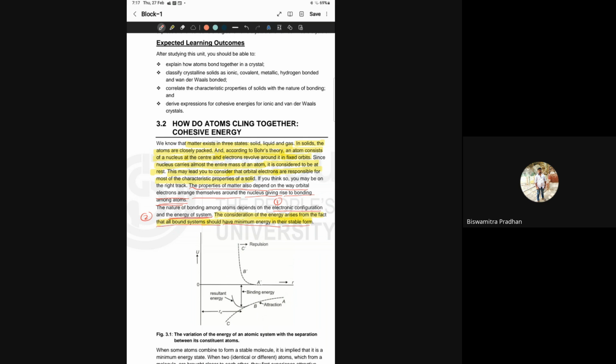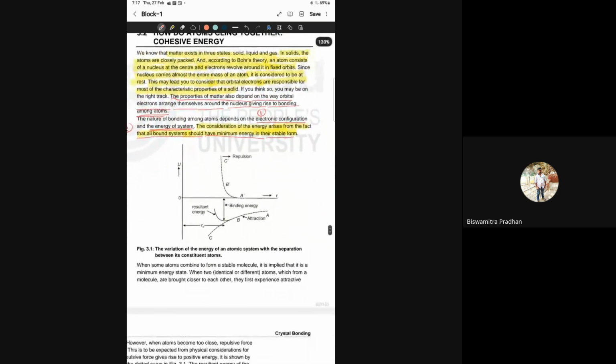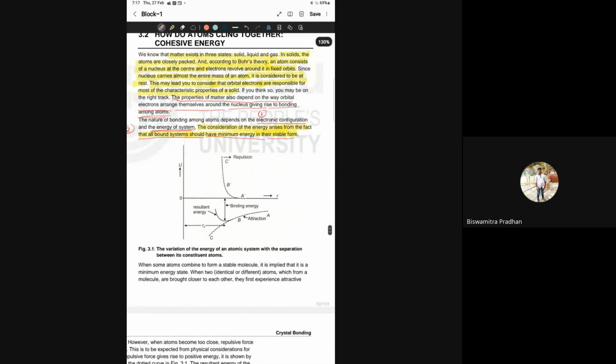If we look at the potential profile, what exactly is it telling? It is telling distance versus energy. So this is energy and this is distance.